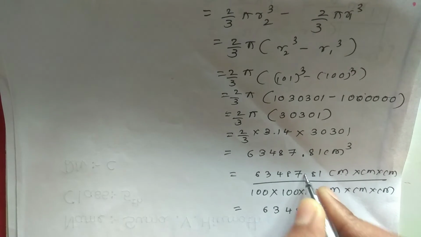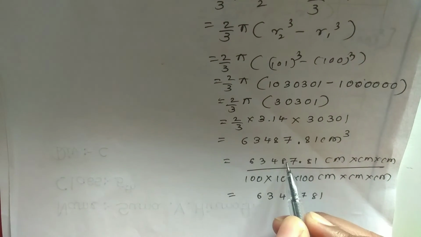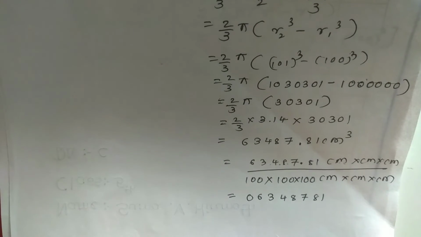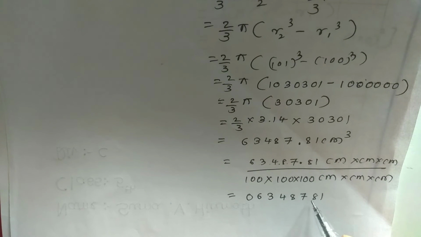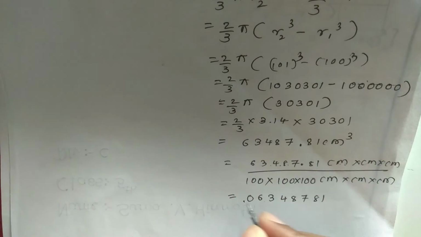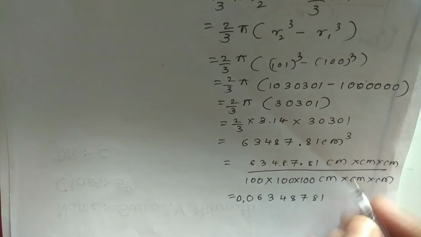The decimal point is here, so you have to shift to the left, from right to left: 1, 2, 3, 4, 5. One more digit we need here, so we put 0. The decimal point was here, so you have to shift 6 digits: 1, 2, 3, 4, 5 and 6. We can put an extra 0, no problem. So this is the answer we got.